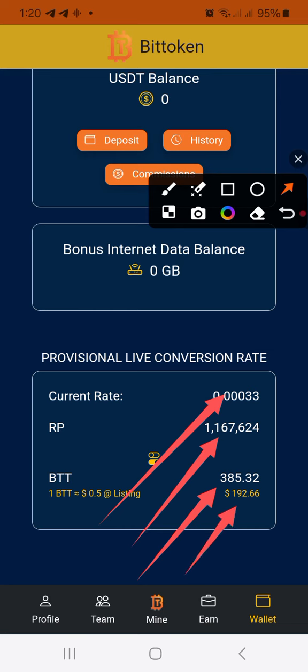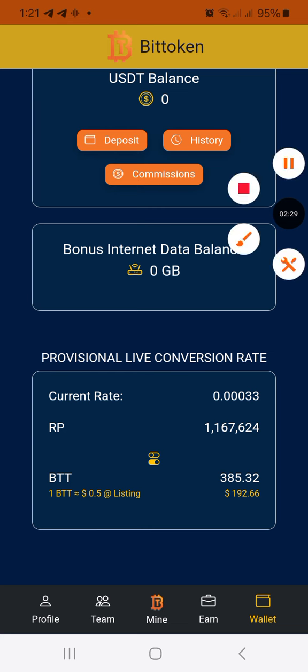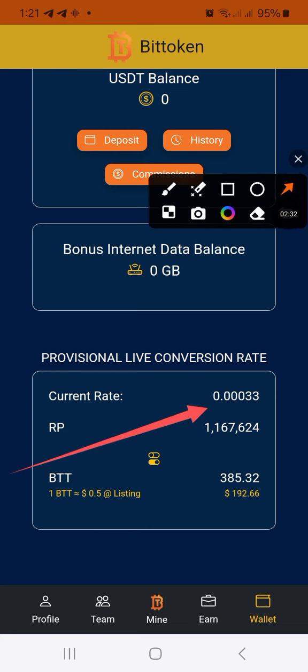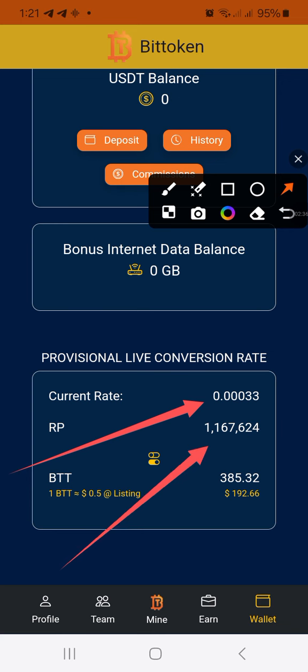Now, most persons did not know that the US dollar value can change, and it will change based on a few things. What will cause it to change? One, the current rate, and two, the amount of reward points.